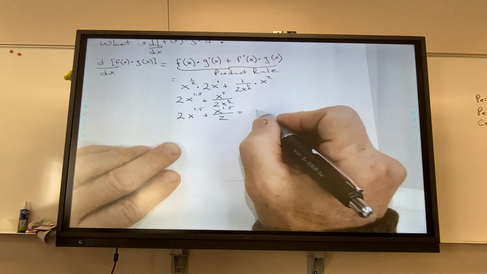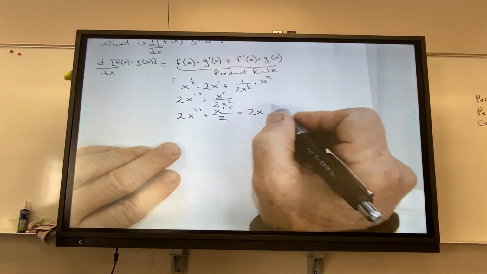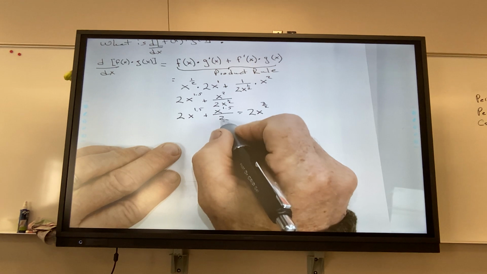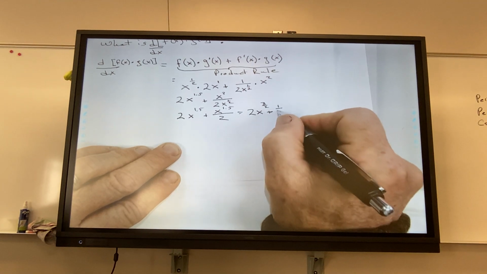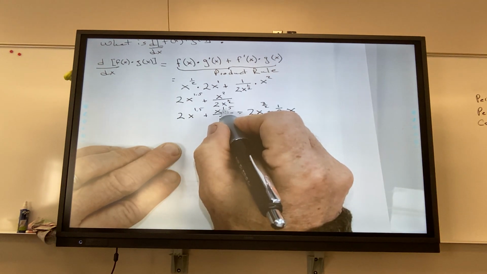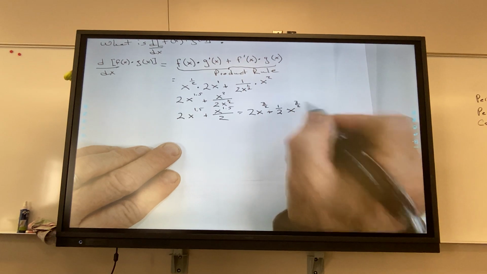Well, this is the same as 2x, and I'm going to write 1.5 power as 3/2. I can take this dividing by 2 and make it a coefficient, which is 1/2. Take this exponent, which is 1.5, and make it 3/2.